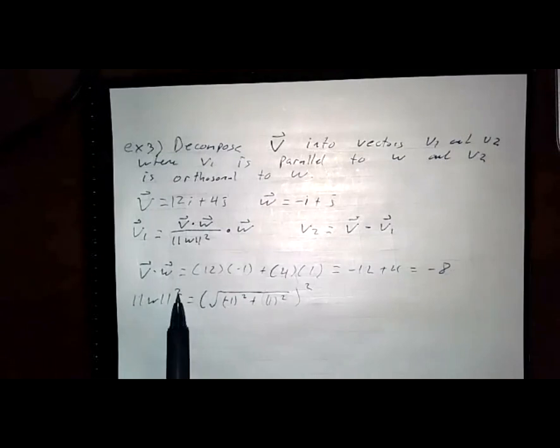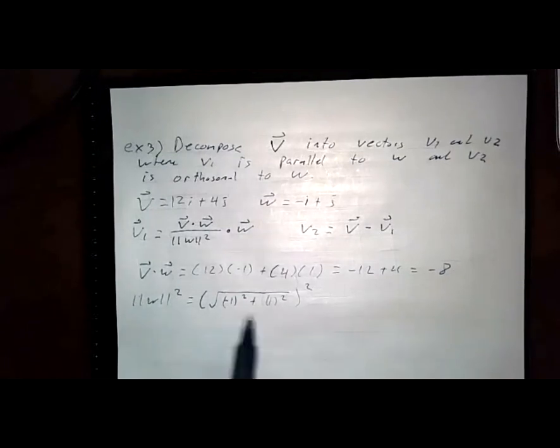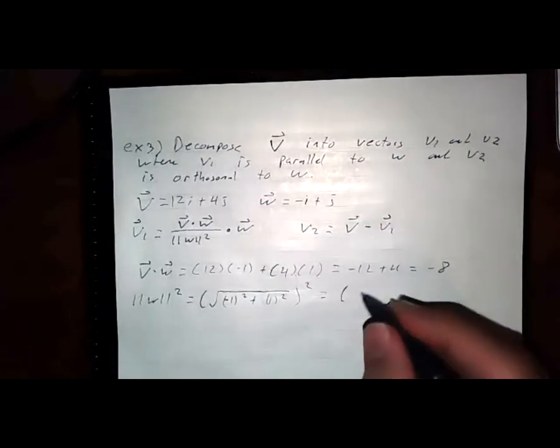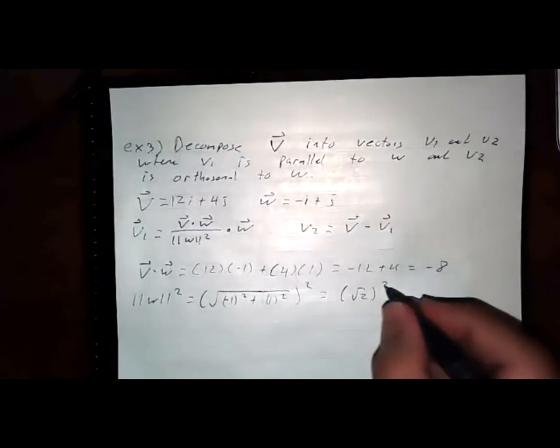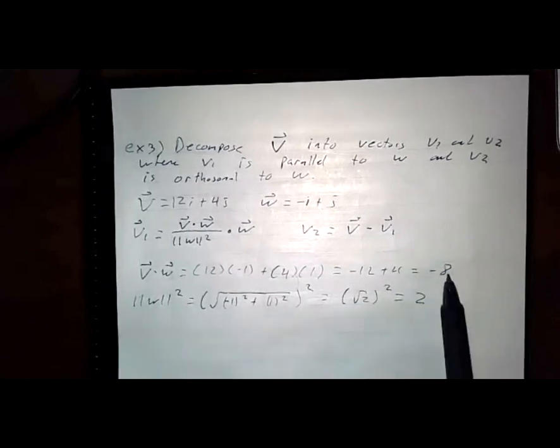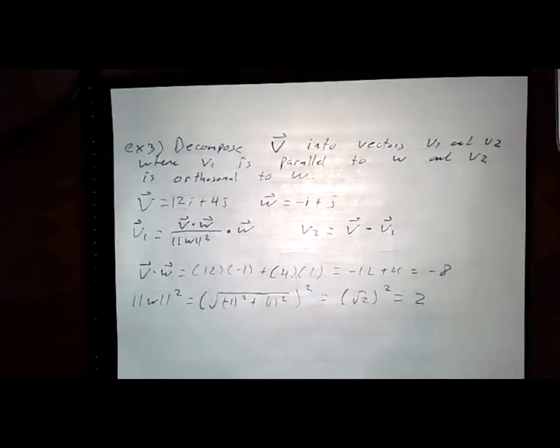You're squaring the magnitude, which is going to cancel the square root. So you're going to get 2. There's my magnitude squared. That part goes down here. I got the top part, -8, so I can start trying to find V1.